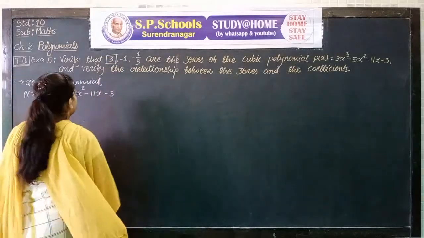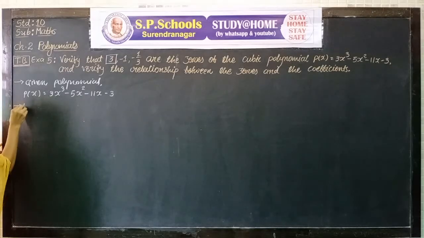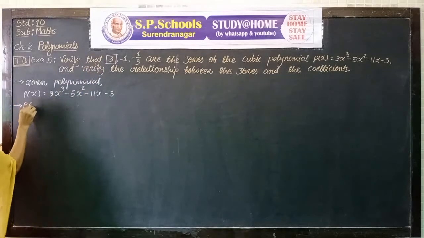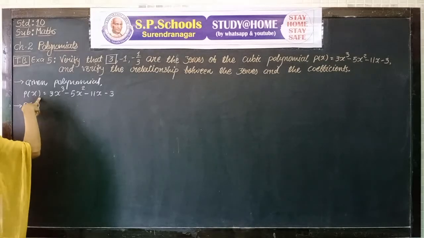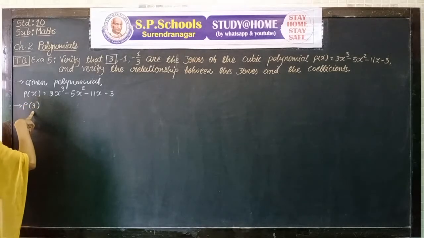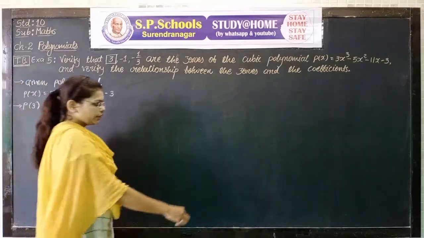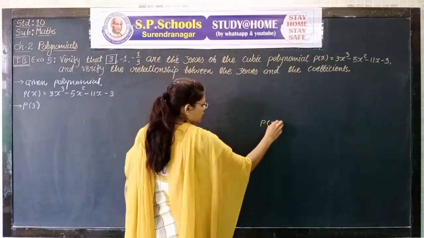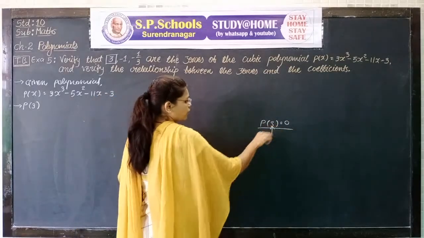Let's start from the first number, 3. P of 3: we want to find the value of this polynomial at x equals 3. If P of 3 is equal to 0, then we can say that 3 is a zero of the polynomial.